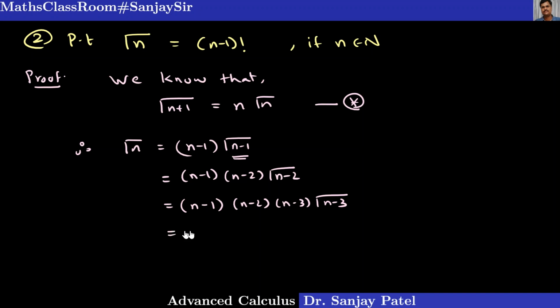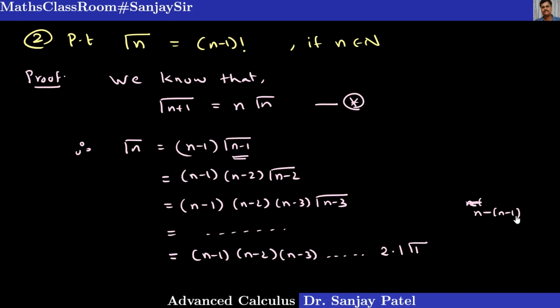If you continue like this, after some stage, what you will get is n minus 1 into n minus 2, n minus 3, and so on. Finally, you will be left with 2 into 1 gamma 1. So the last value when we write n minus n minus 1, that will give you finally 1. So 1 gamma 1 is the last step. Okay.